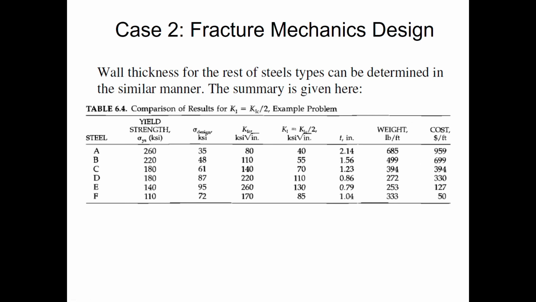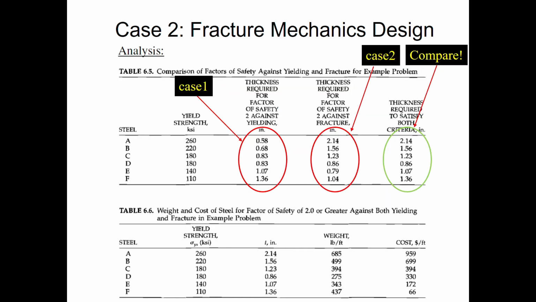Now we need to do a comparison between the traditional approach and the fracture mechanics approach. The traditional is case 1, where the thickness is based on yielding. So the thickness required for factor of safety 2 against yielding is in this column, and case 2 is based on the fracture mechanics approach, which we obtain as this value.